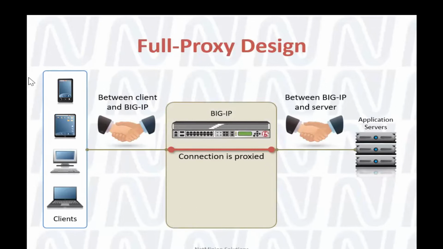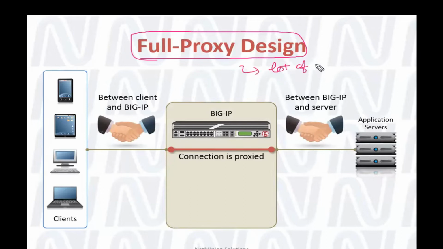When requests work this way, it is named full proxy design. So you can see above, it is named full proxy. Now, when you have the full proxy design, there are a lot of features you can use through your BIG-IP F5 system. Why? Because it adheres to the full proxy design.